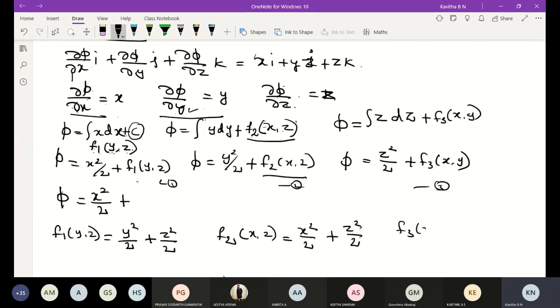Then f3 of x comma y, we have to write as x square by 2 plus y square by 2. Then all three equations, 1, 2, 3, become equal, meaning phi is equal to x square by 2 plus y square by 2 plus z square by 2. Okay, understood?